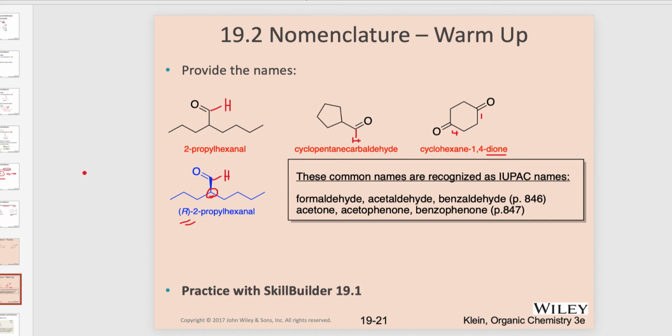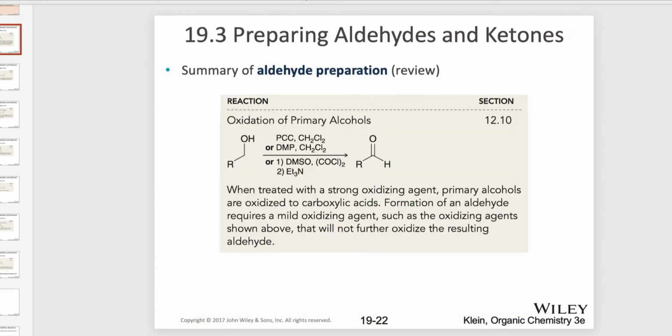The next few slides are about a number of sections that are being reviewed. We're going to quickly move through them. Again, you can pause, jot down some important information as we're moving on. Here's a reminder that aldehyde preparation was already covered in chapter 12 when you learned about alcohols.